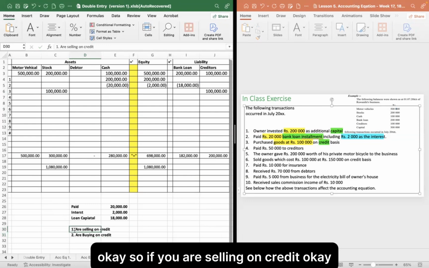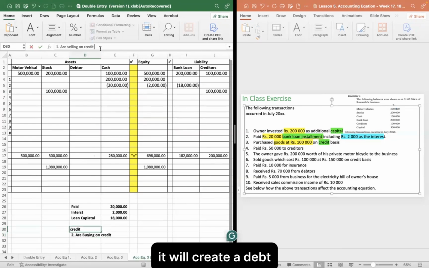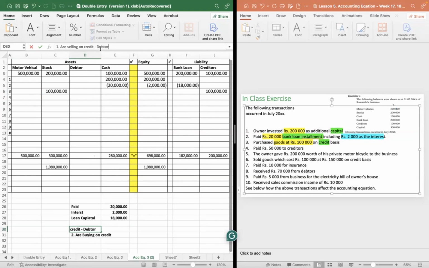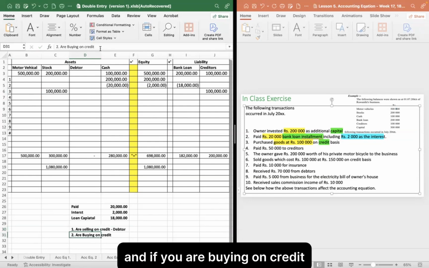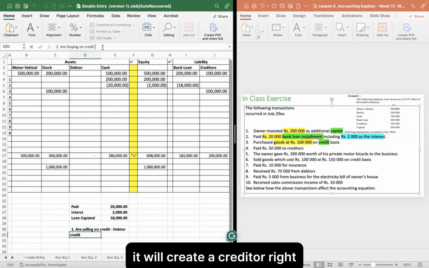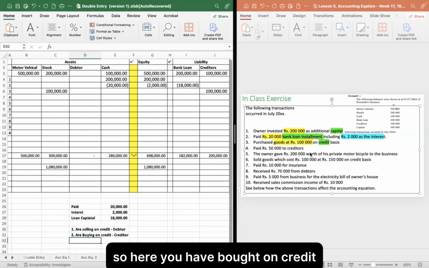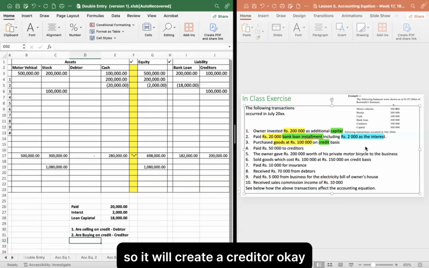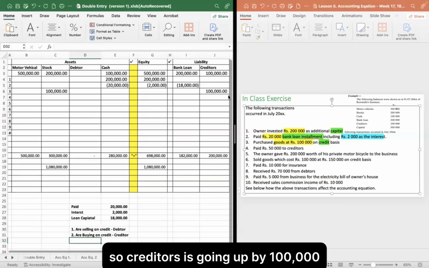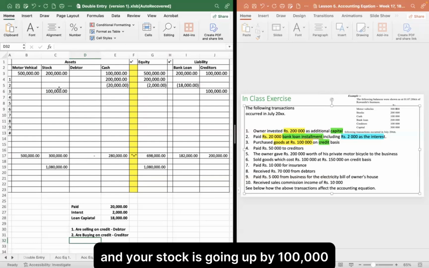If you are selling on credit, it will create a debtor. And if you are buying on credit, it will create a creditor. So here you have bought on credit, so it will create a creditor. Creditors is going up by 100,000 and your stock is going up by 100,000.